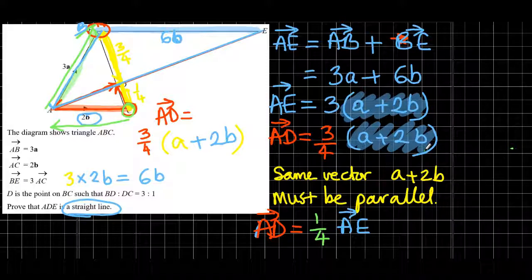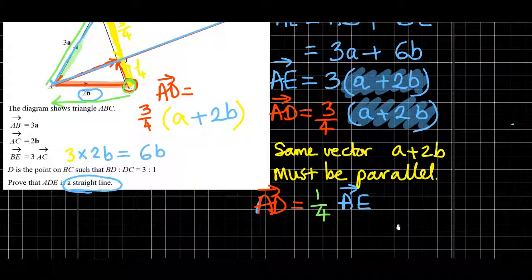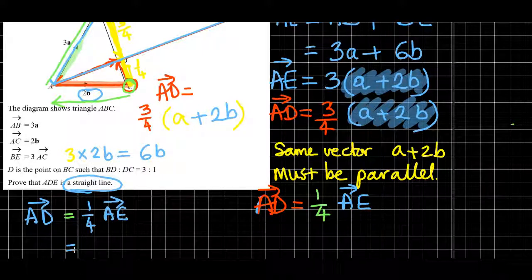The second part is to prove they are on a straight line. That one is not too difficult to do. They are on a straight line because vector AD and vector AE both share D in common. So vector AE is actually AD plus DE.